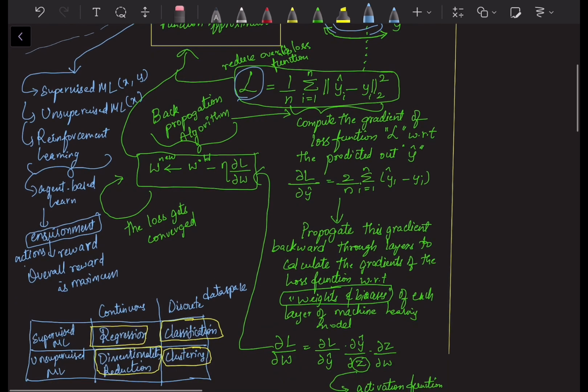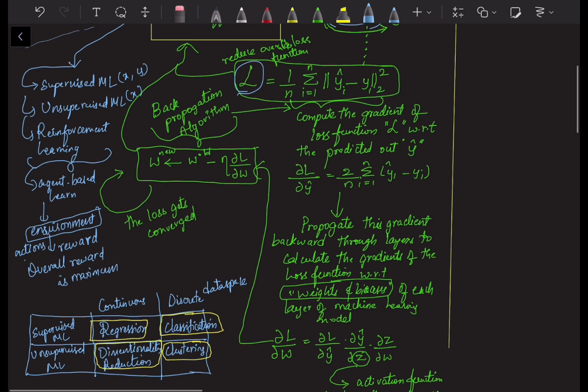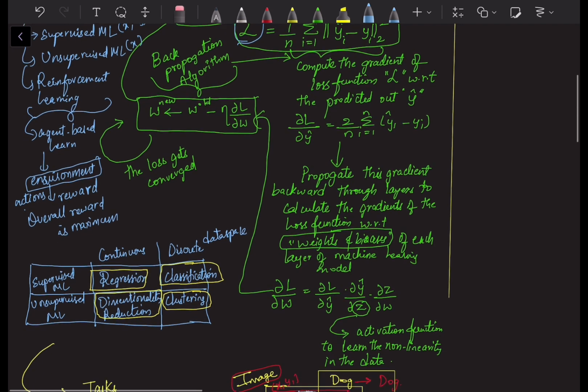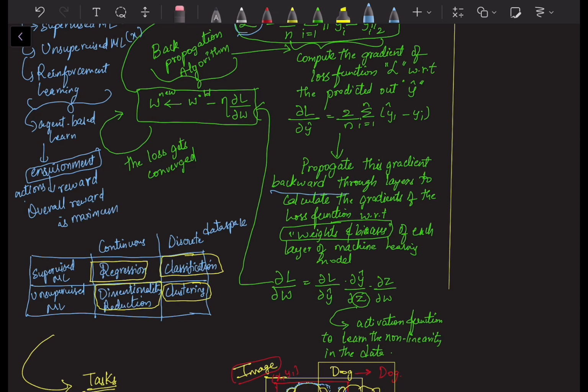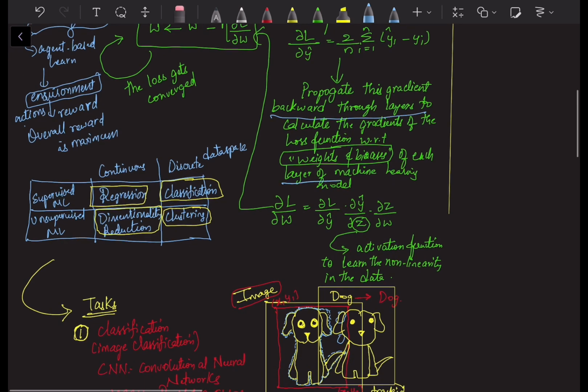And we then compute the gradient of the loss function with respect to the predicted output as a part of the backpropagation algorithm or gradient descent method. And then we propagate that gradient backward through the layers and calculate the gradient of the loss function with respect to the weights and biases of each layer of the machine learning model.